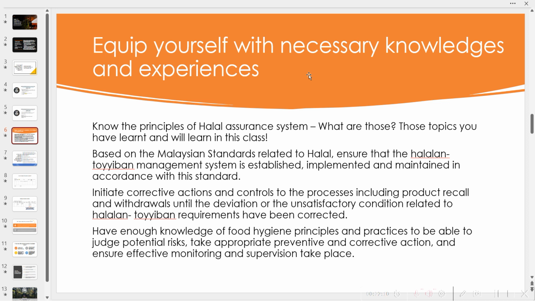So what you need to do, you have to go to production, get the information and assistance from the production executive, to assist you to get to know about potential risk and take preventive action correctly.